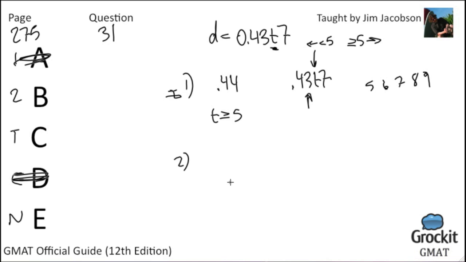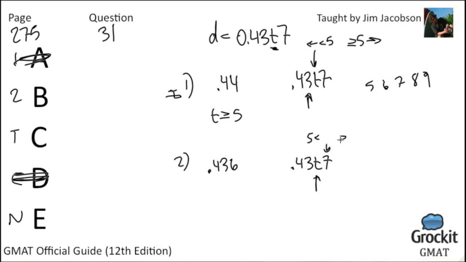Statement 2: if d were rounded to the nearest thousandth, the result would be 0.436. Again, we have our decimal d, except this time we are rounding to the digit that actually has t in it. If the next digit is less than 5, t stays whatever it is.